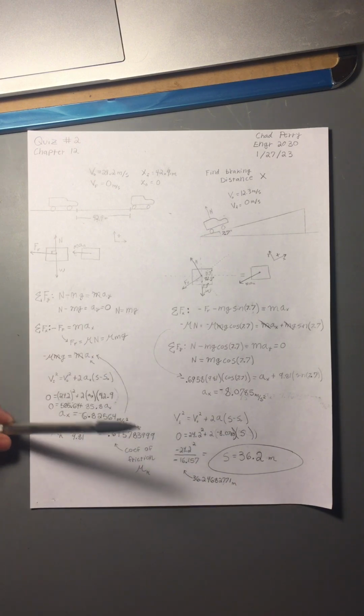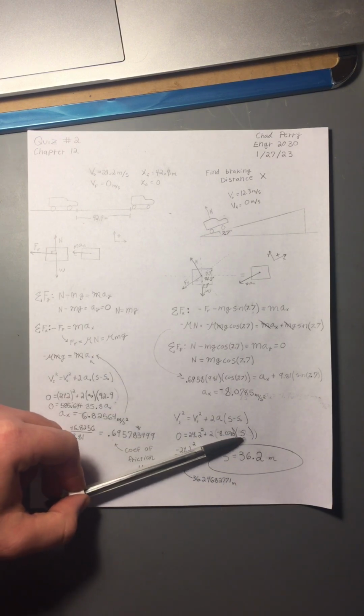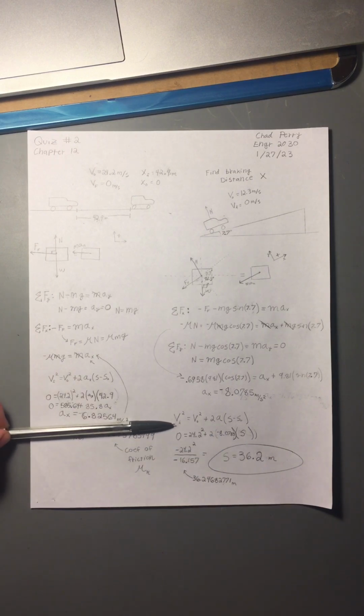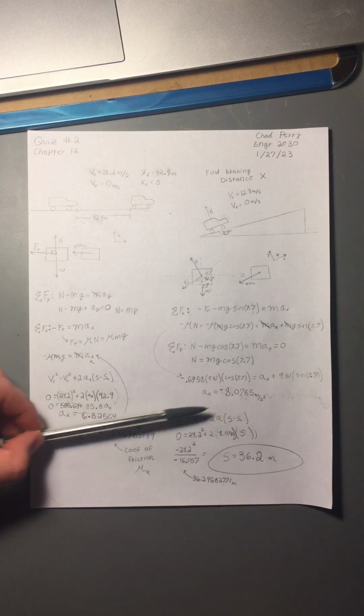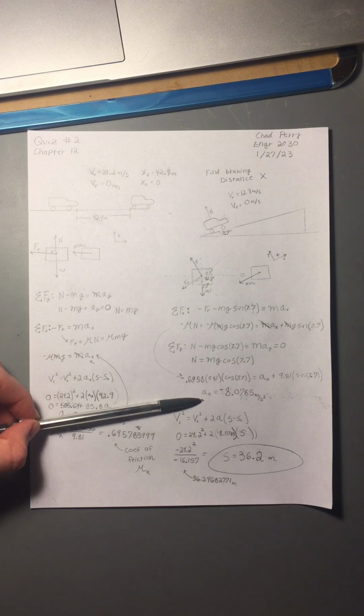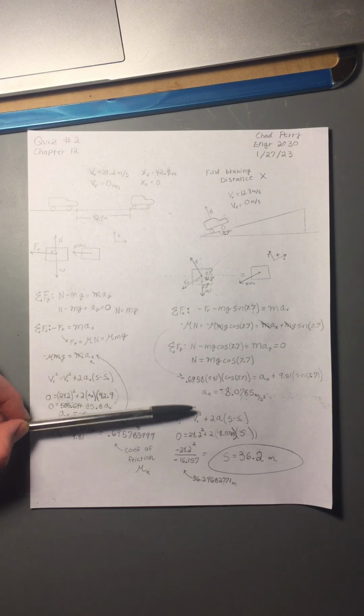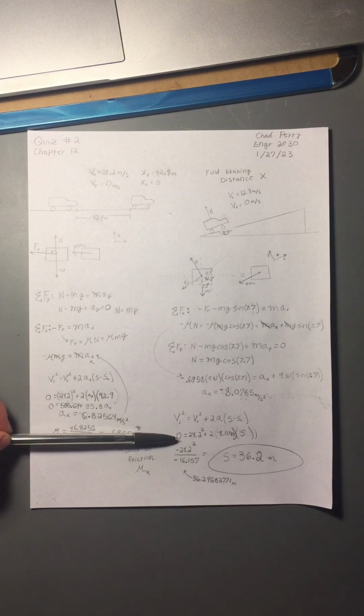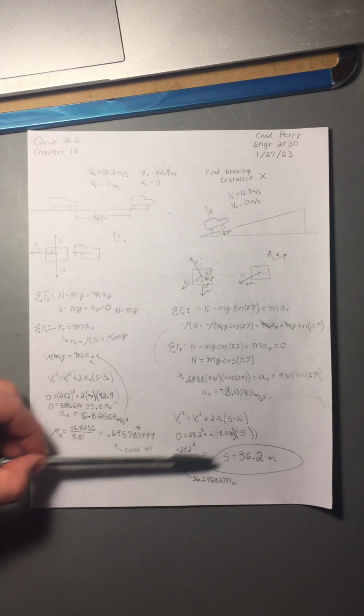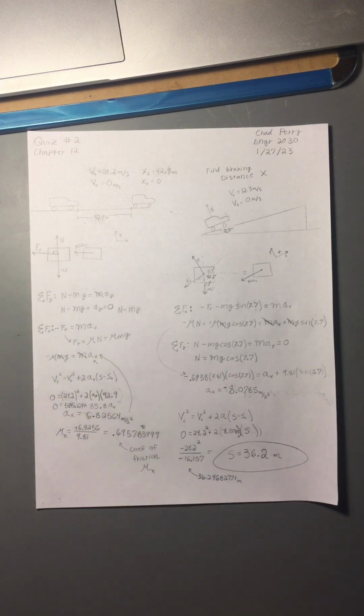And so since we're starting in a position of 0, we're looking for that final position. And so taking the acceleration that we found using our coefficient of friction, we can plug in those numbers and solve for our position, which turns out to be 36.2 meters. And so that is the answer for this problem.